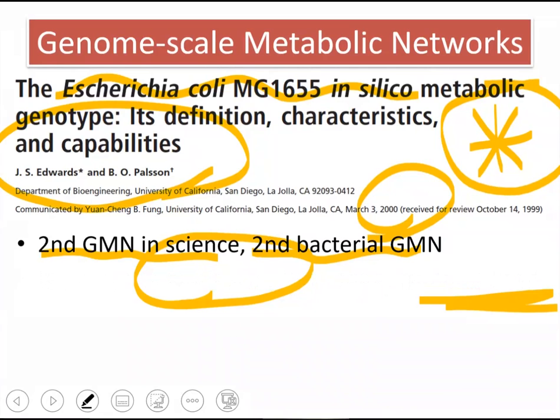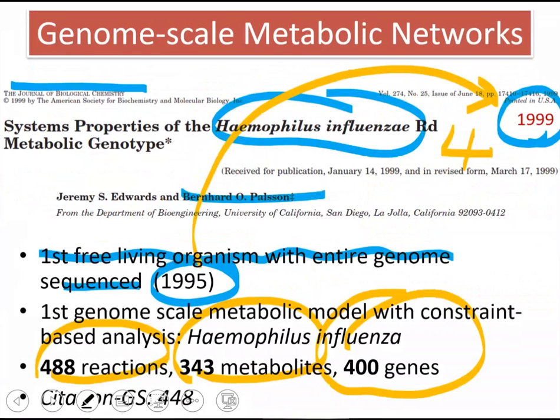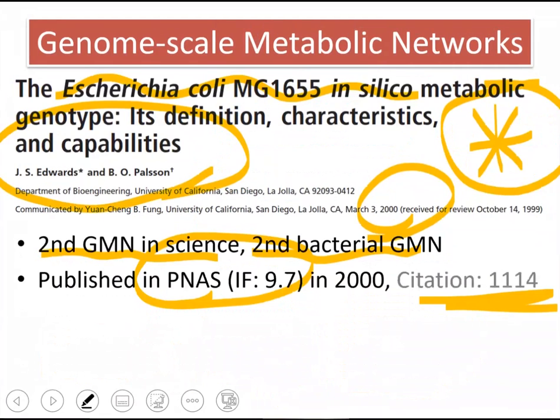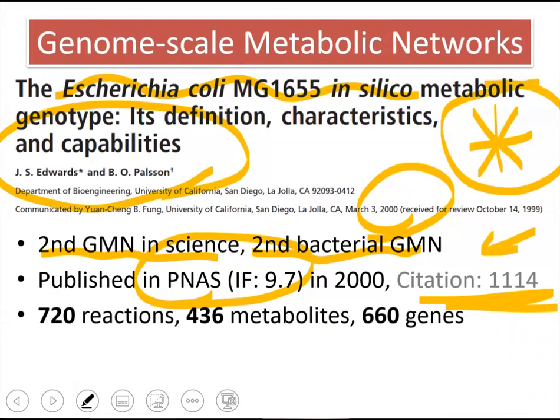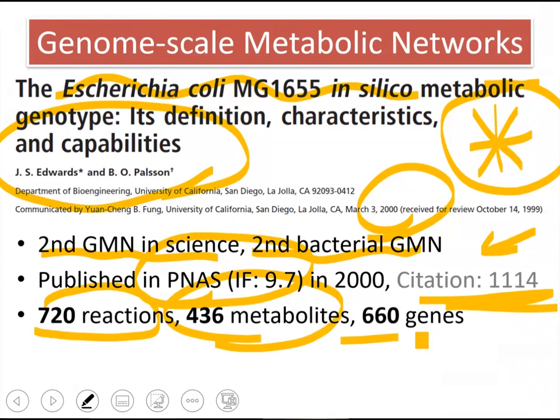Compared to the first one, although it is the first one, it was cited about 500 times, but E. coli, because it is, as I said, a much more commonly studied microorganism, the work was cited almost twice as much. The first Escherichia coli genome-scale metabolic network model included 720 reactions, about 400 metabolites, and 660 genes.